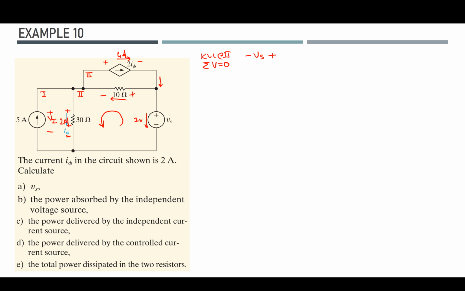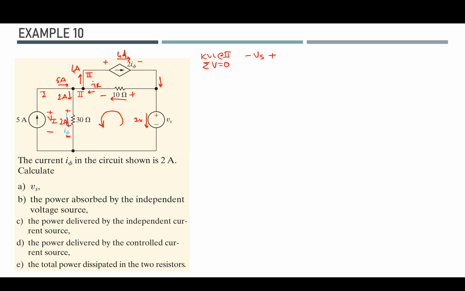If you take a look, there is 5 amps going in, and there is 2 amps here. There is 4 amps moving in, and there is the unknown current for the 10 ohm resistor. Let's say it's IR. At circuit node A, I apply KCL first because I need to find that current.